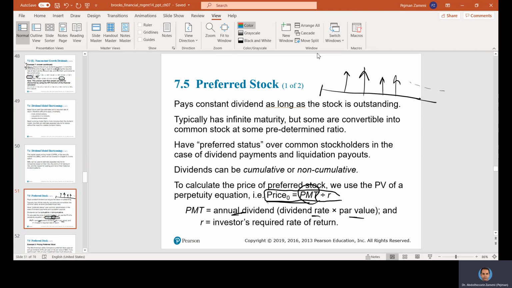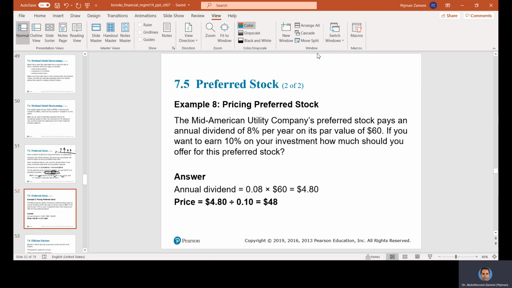To calculate the price of preferred stock, we use the present value of a perpetuity equation. Actually, it's nothing new. If you see the pattern of the dividends, it looks like the perpetuity concept. That's why, to find the value of preferred stock, we just divide D1 by the required rate of return. See an example.